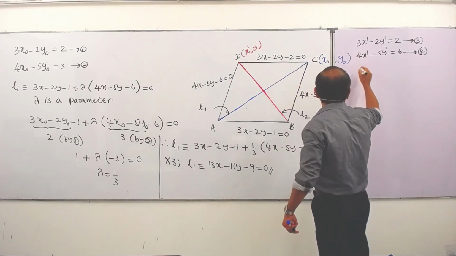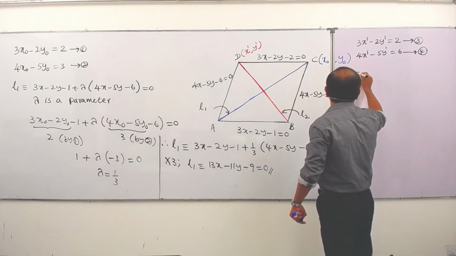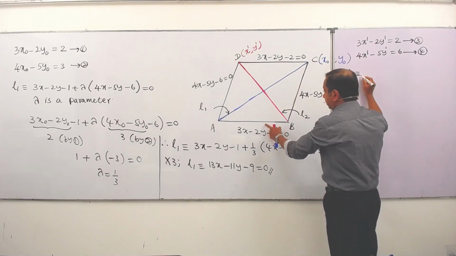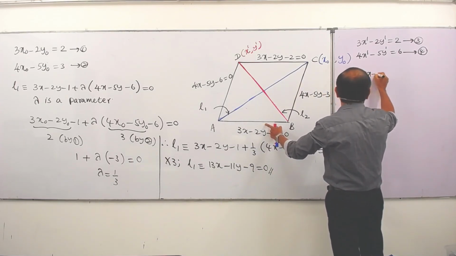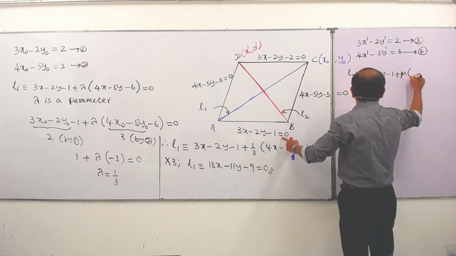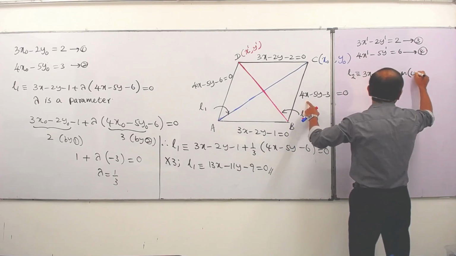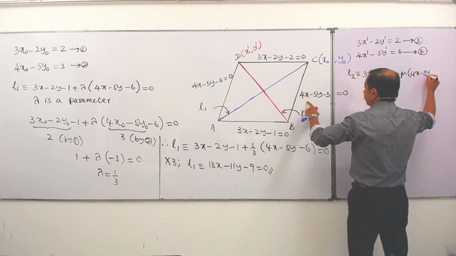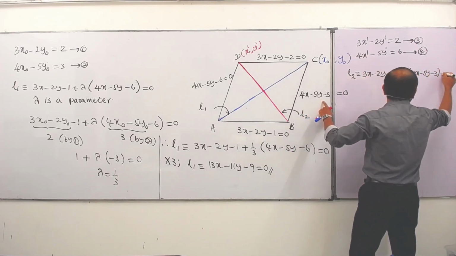Then the equation of BD, if I take this as L2, we can write this equation plus mu times this equation minus 3 equals 0.